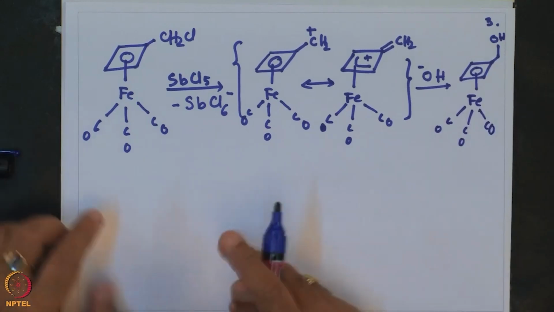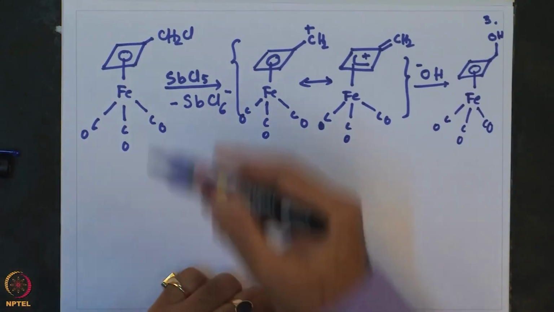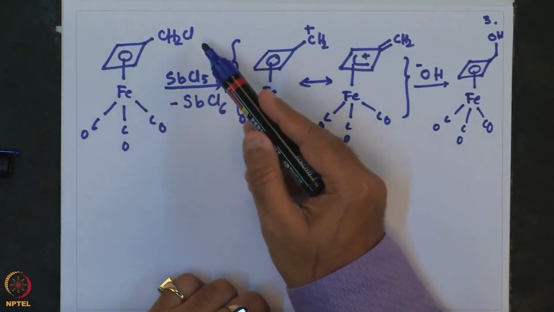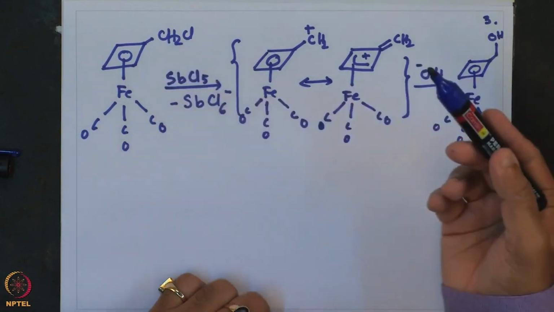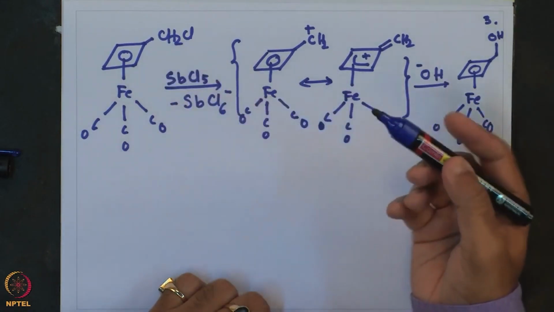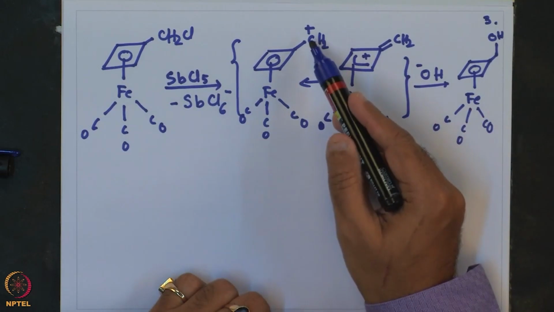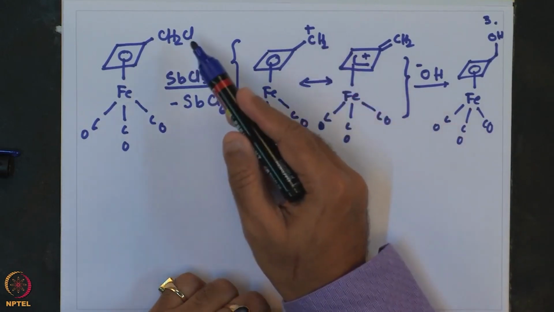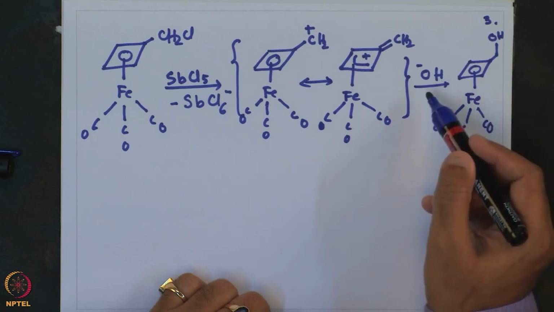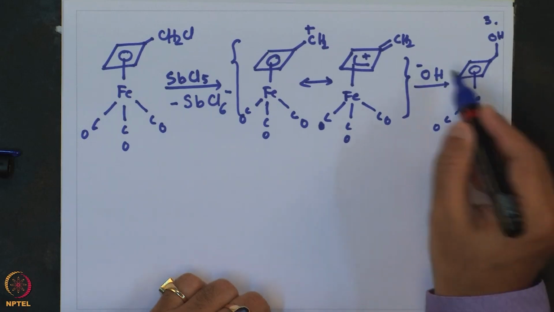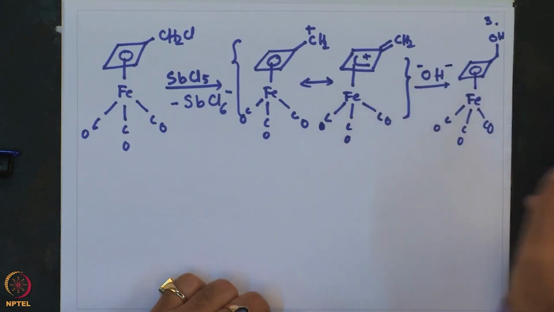Fe(CO)3 compound. So, this is an interesting reaction where we saw that the CH2 halide moiety on the cyclobutadiene ring is prone to solvolysis, and the reason is the stabilization of the charge that is generated upon the leaving of the halide group, and subsequent attack of OH minus results in the formation of the alcohol.